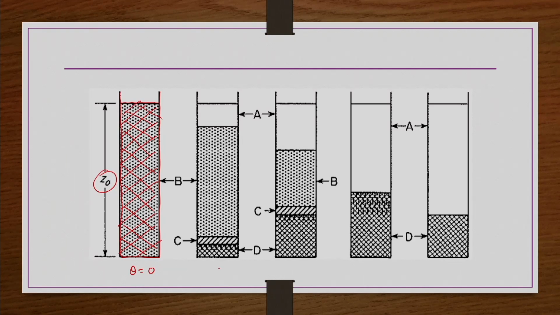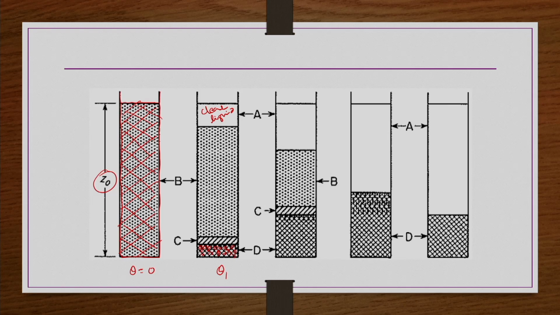Now, at some time theta 1, you allowed the solids to settle. Then what happens at the bottom? Some solids are settling as a concentrated sludge, and there is clear liquid forming a zone at the top, because the particles started settling gradually.